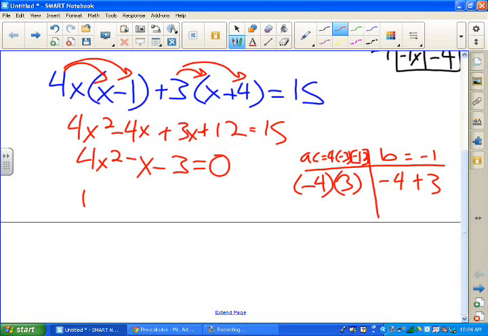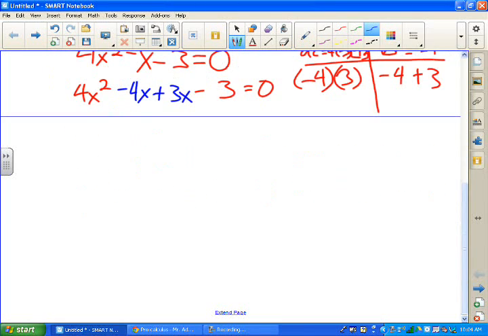So A times C is 4 times negative 3, which gives me negative 12. But I need to arrange those numbers in a way that when I add them, they equal negative 1. Negative 4 times 3 also equals negative 12, and negative 4 plus 3 equals negative 1.